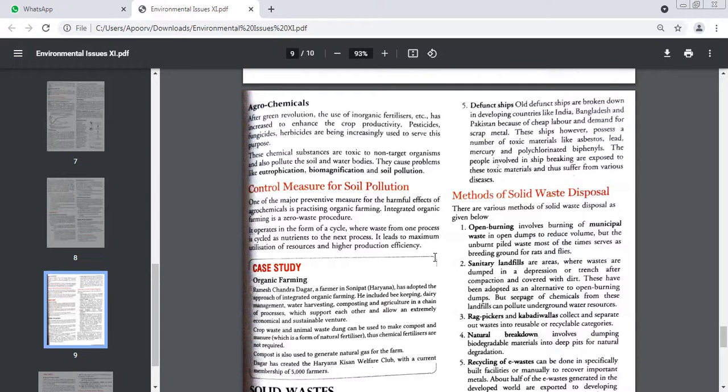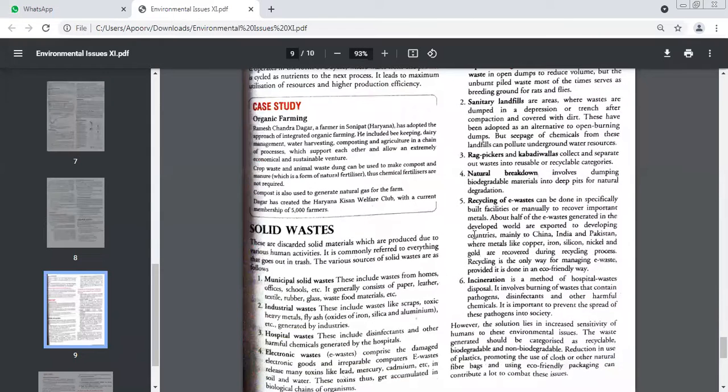Then is recycling of e-waste. Recycling of e-waste can be done specifically by built facilities to recover important metals. Half of the e-waste generated is exported. Let me show this to you. You read about e-waste yourself, recycling of e-waste and incineration. Please read these two points yourself, and then we are going to discuss this and finish this topic today.